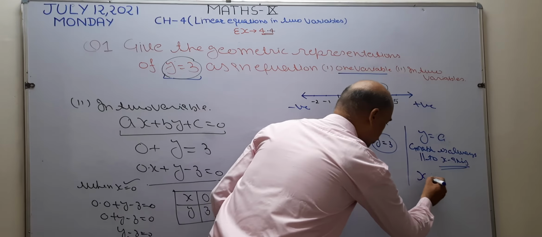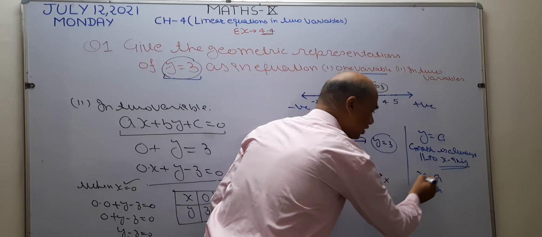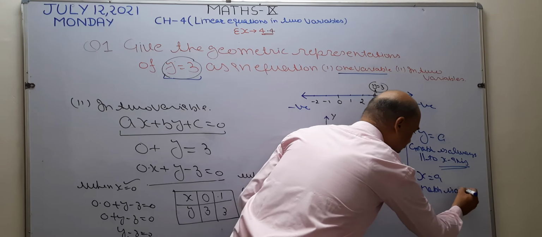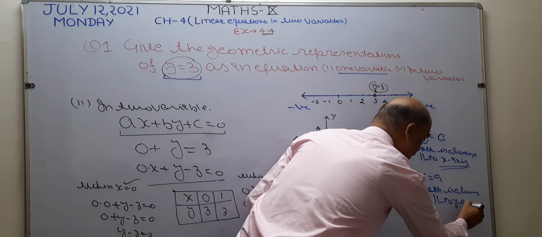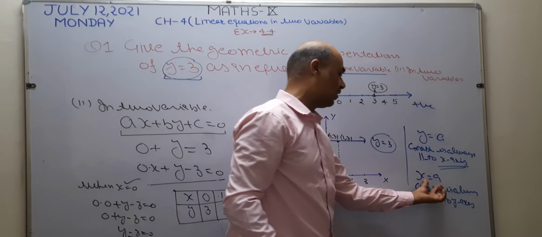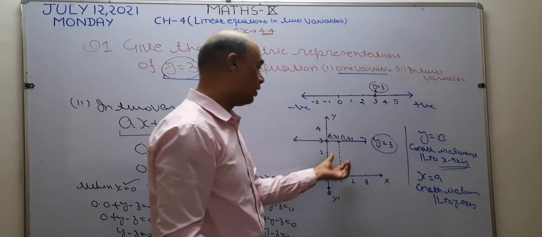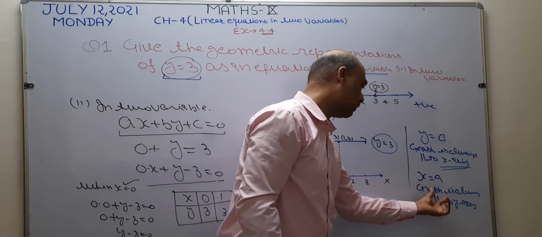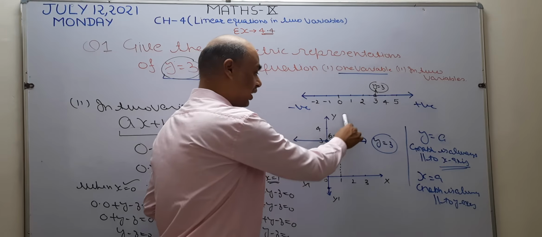And if x equal to something is given, then the graph of such an equation is always parallel to the y-axis. When the value of x is given and we represent it in 2 variables, the graph line of x becomes parallel to the y-axis. It means the line goes either this side or this side.